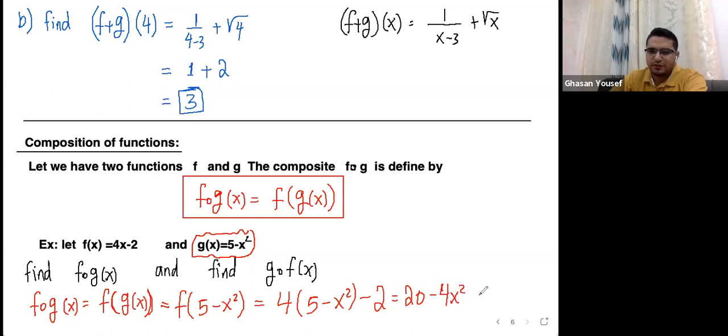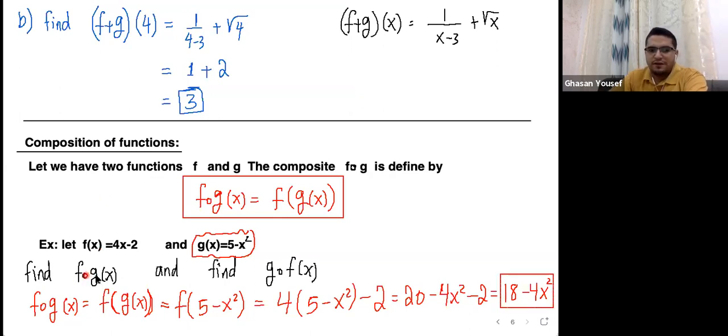And we have here minus 2. So 20 minus 2 is 18, minus 4x squared. Any question for the first one? Is it clear how we did this?